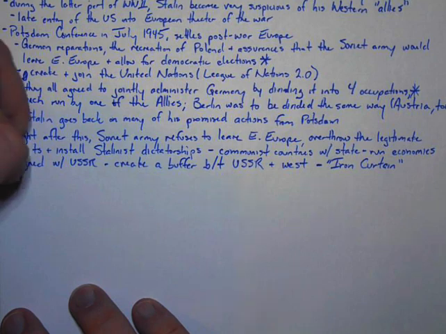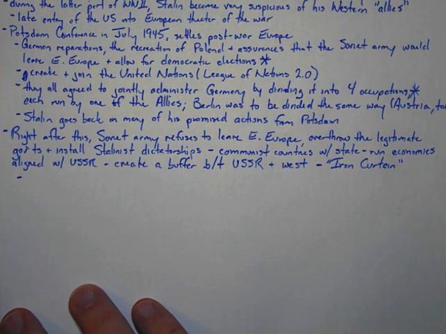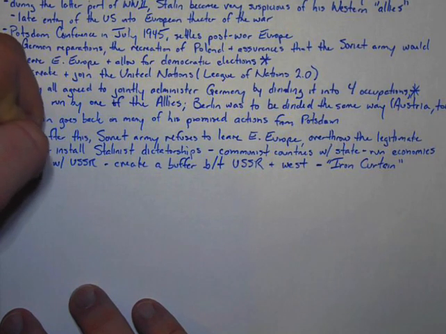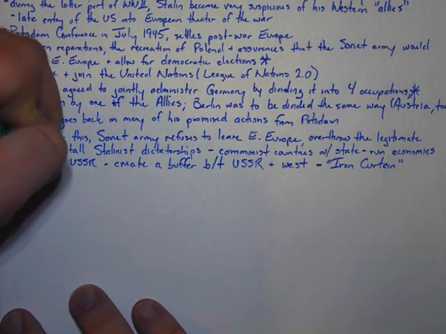If we jump ahead to another thing that Stalin does that breaks a promise from Potsdam, we get to 1948.